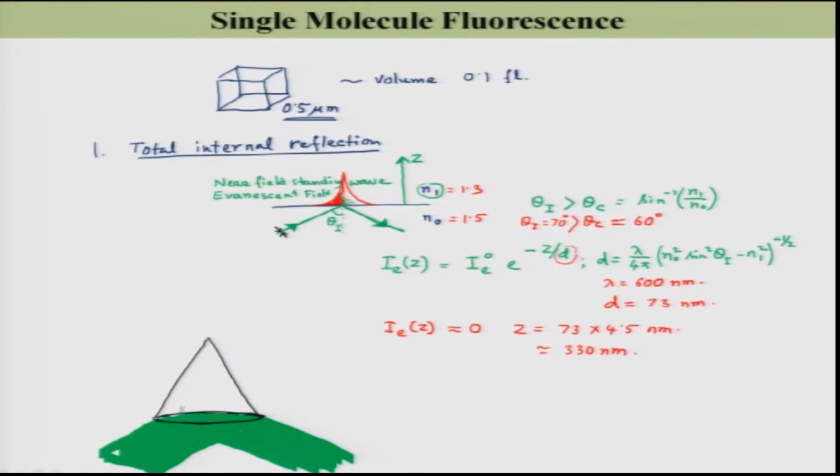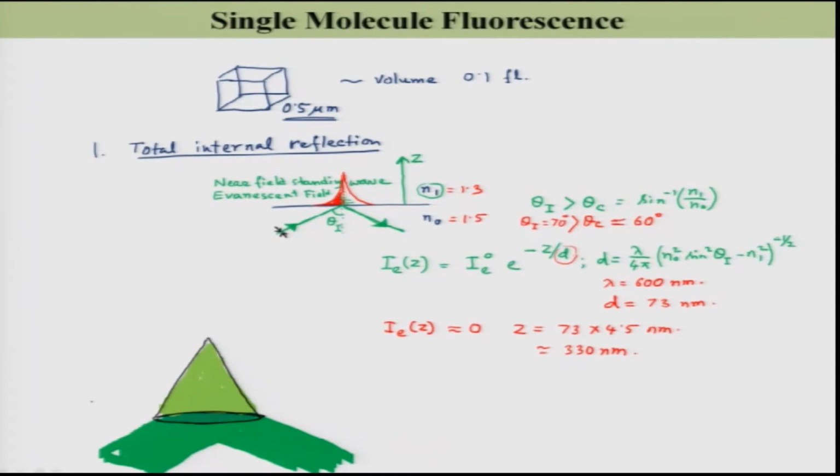So, this is your spot size, and because of this you are going to get this evanescent field. The evanescent field will decay exponentially like this way. That means the field exists above the interface in this region, and does not exist below the interface.